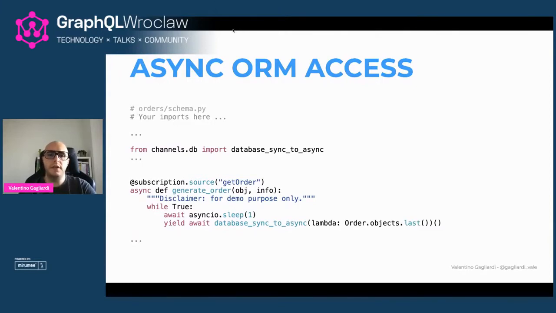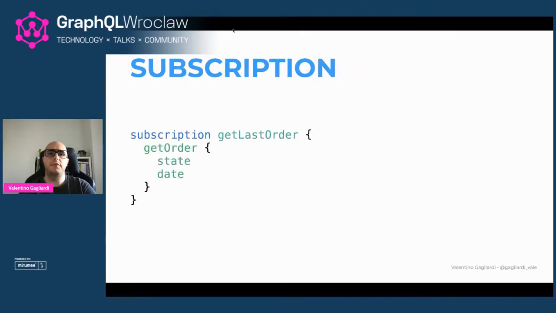The result of this call is the actual data that is fetched from the database, and this is the data that Ariadne passes to the resolver. This is the subscription that you can fulfill with the machinery that we saw before. So you need an asynchronous generator function and a resolver.